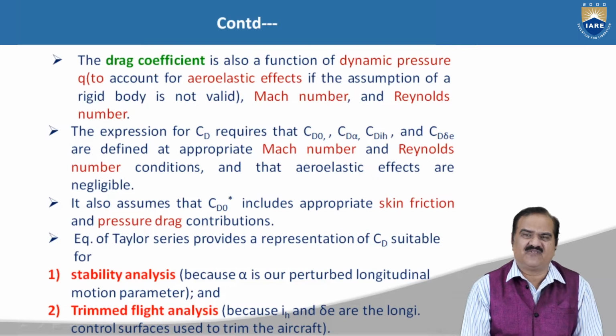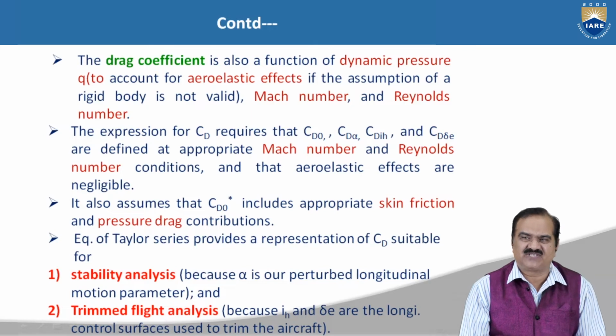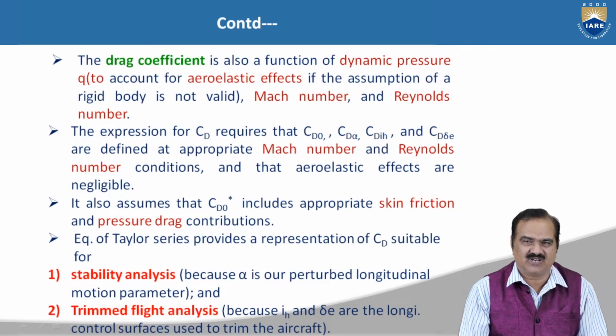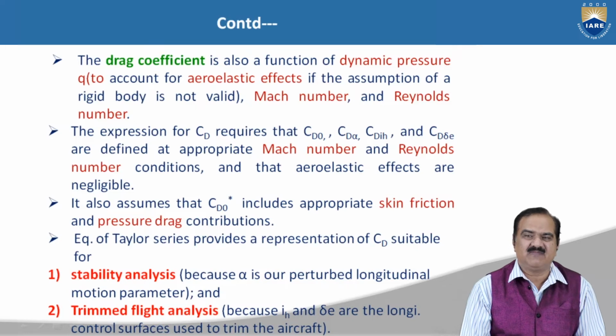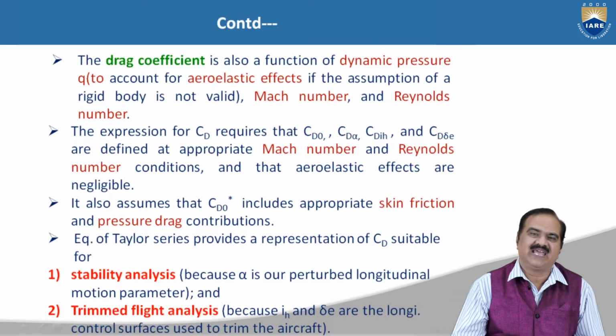The previous Taylor series equation, which I mentioned before, provides a representation of CD suitable for stability analysis, because alpha is our perturbed longitudinal motion parameter, and for trimmed flight analysis, because iH and delta E are the longitudinal control surfaces used to trim the aircraft. So this Taylor series for CD is suitable for stability analysis and trimmed flight analysis.